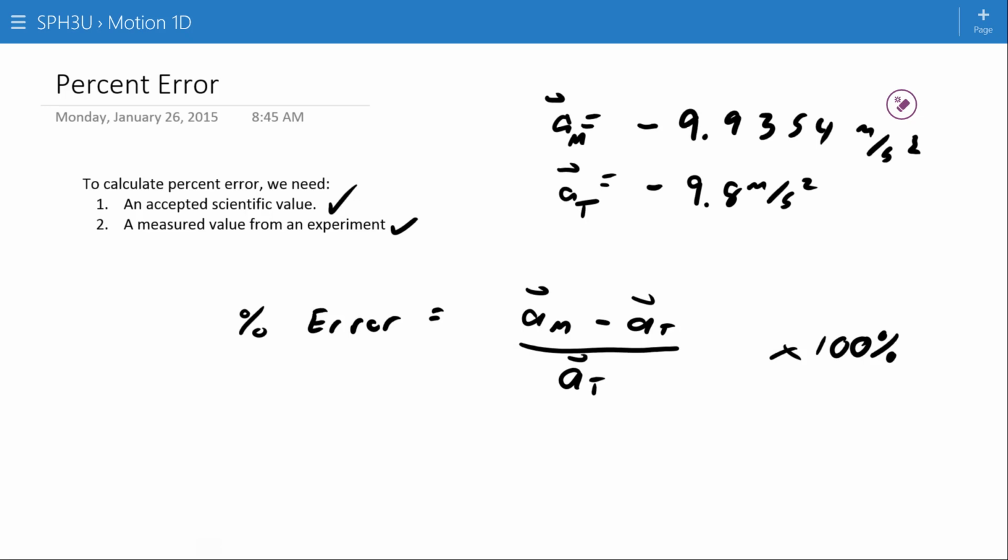But since we want to know whether or not our value is a little too high or a little too low, I'm going to leave them off.